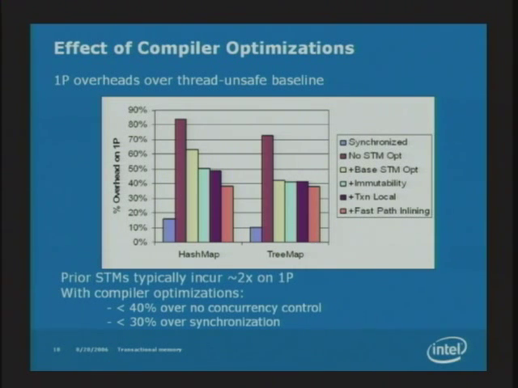And then finally doing the fast path inlining, then this overhead comes down substantially. So essentially, you can bring this down to about a 30 to 40% overhead over the sequential code, or about 20 to 30% overhead over the locking code. And this is on a single thread. So as you then scale this up to multiprocessor, you're going to get back the scalability advantage from it.